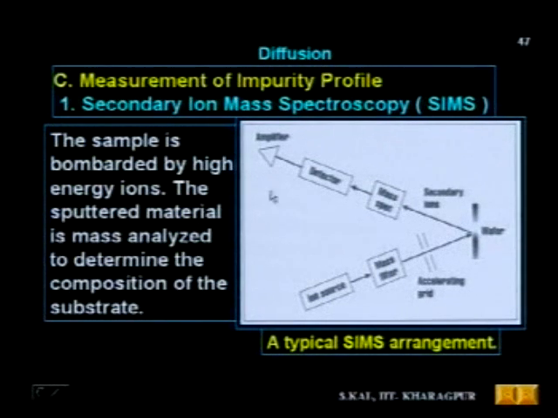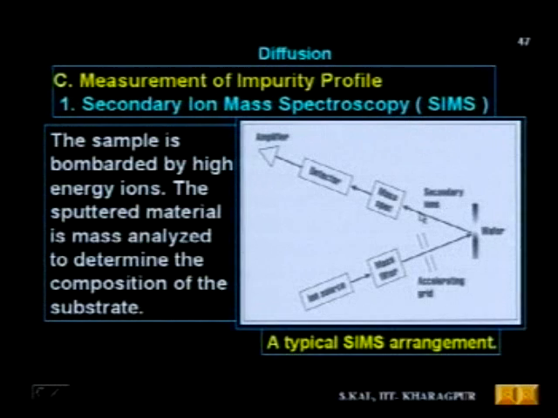The sample is bombarded by high energy ions and it will sputter some of the material from the wafer surface because of the high energy bombardment. And the sputtered, ejected material which is coming out from the wafer is passed through a mass analyzer.